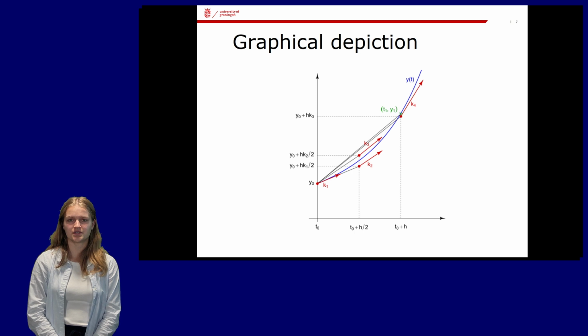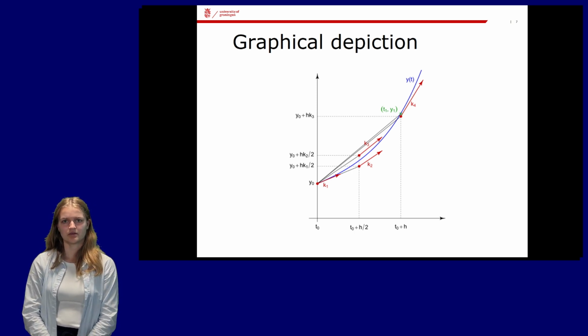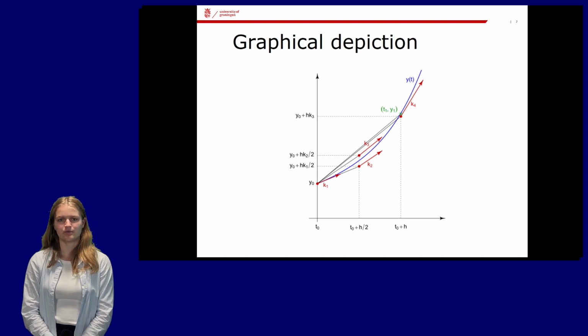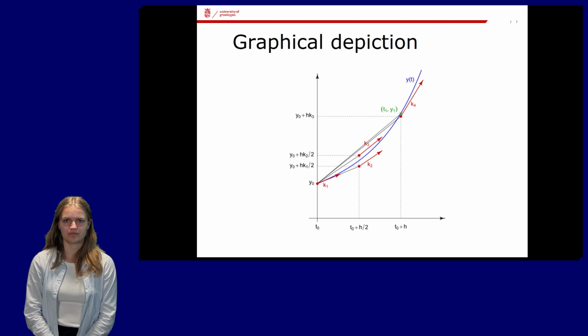And using k1, we calculate k2 at some intermediate point in the interval. And now we again use k2 to improve this solution at the intermediate point to calculate k3. And then finally we calculate k4 at the end point of the interval.